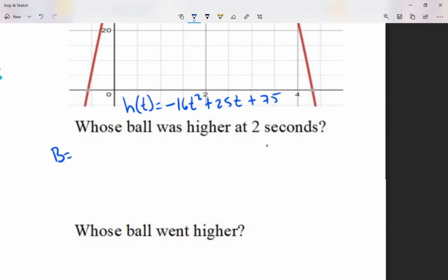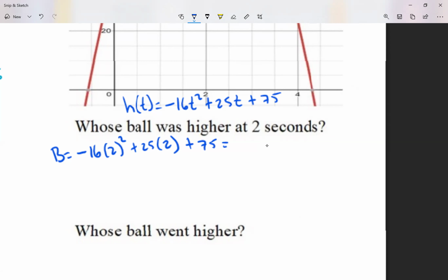So that means t is equal to 2. So I'm just going to go negative 16 times 2 squared plus 25 times 2. I was going to write a t there, but no, it's actually 2 because I know t is equal to 2, plus 75. Type it in, it gives me 61. Okay, so at 2 seconds, the ball that Brett threw was 61 feet tall.